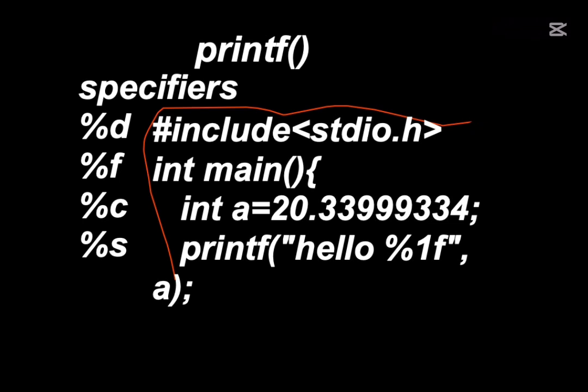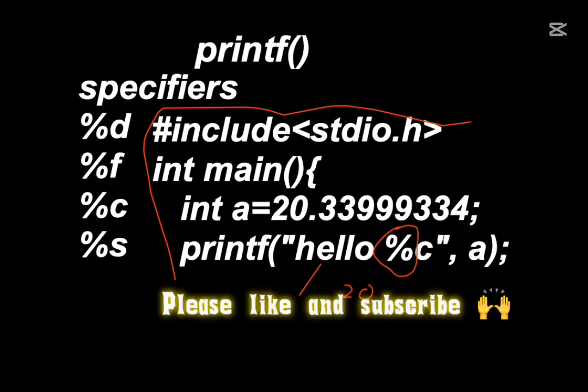Let's say this is a, and now I'm trying to use this. The compiler is going to give me an error. It's going to tell me that this is not a character, a is an integer, and the specifier does not match. This is how the print function works. So the result of this is going to be hello, and then you're going to see 20, so it's going to be hello 20. So that's how the print function works.